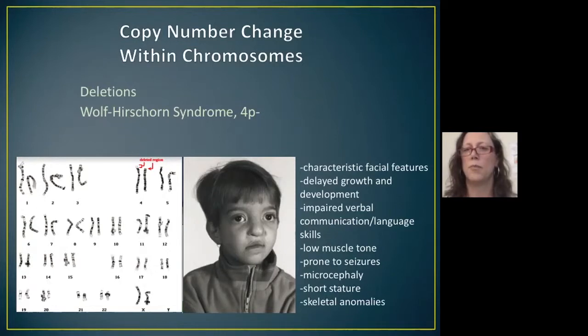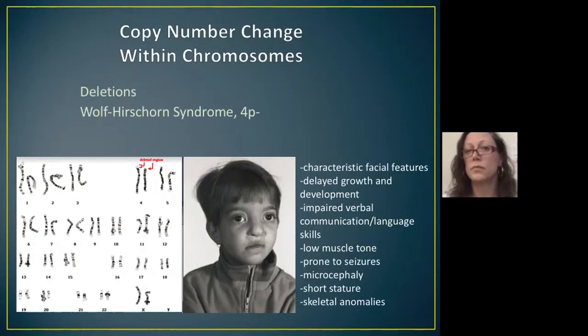Here we can see the typical facial characteristics in the picture. These patients often display delayed growth and development, impairment of verbal communication and language skills, low muscle tone, and are prone to seizures. They may have microcephaly, which is a small skull, short stature, and some skeletal anomalies.